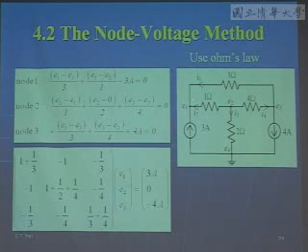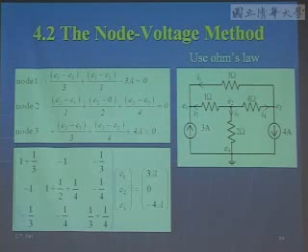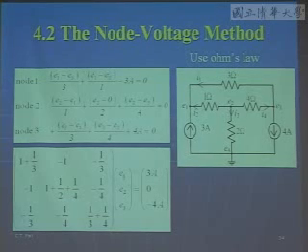When you move it to the right hand side, it means the current entering the node. So for KCL there is a third version: summation of Ik leaving equals summation of Ik entering. So the right side is for all the currents entering that node.